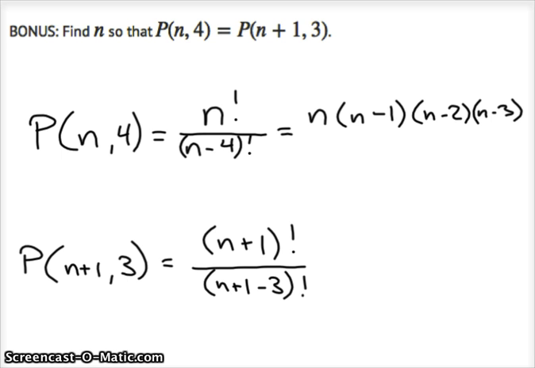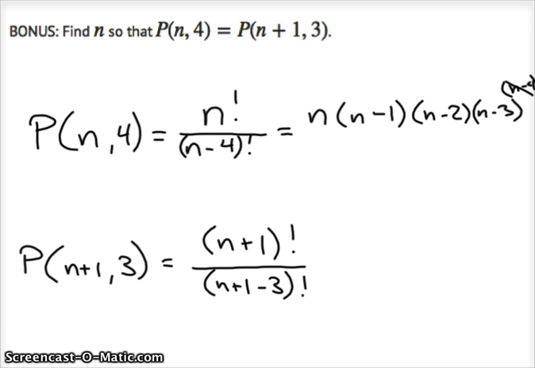So if I keep going any farther, I would then divide it by n minus 4, n minus 5, n minus 6. So the n minus 4 is actually going to cancel out. So n choose 4 is going to be n times n minus 1 times n minus 2 times n minus 3, and that's it. I have my 4 slots I'm choosing, and each one reduces by 1.